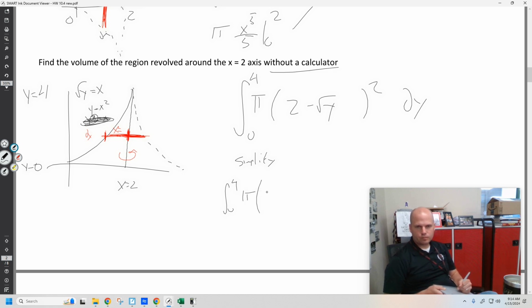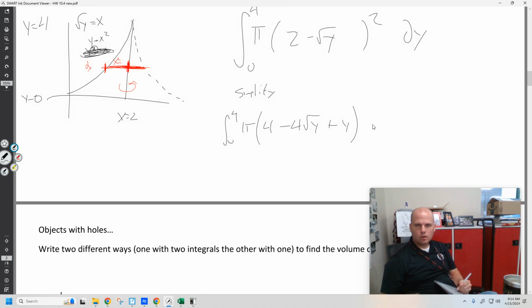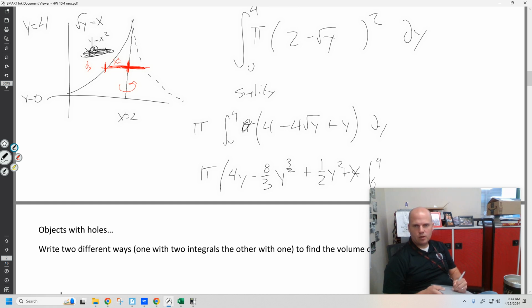Simplify. Pull out the pi, take the antiderivative. Don't worry about it being perfect as long as you have the correct antiderivative, and then you plug in 4 and 0, you're good.